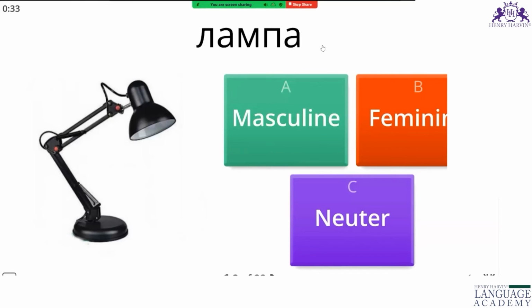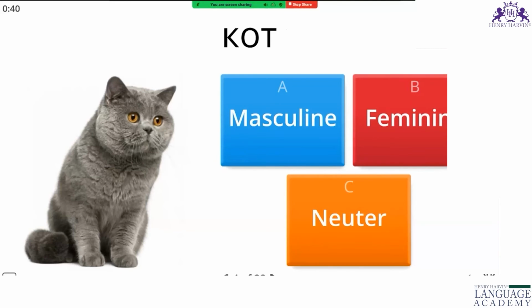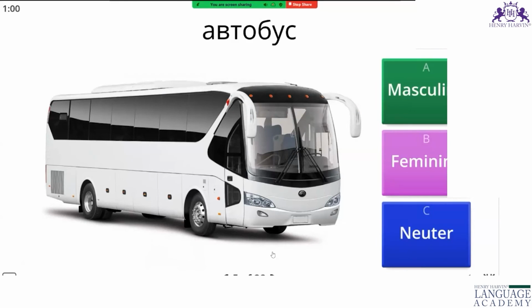Lampa, feminine. Feminine, yes, because ending A. Kot, masculine. Of course, a cat can be feminine as well, but we have a different word for it. There will be a word koshka. Koshka is a female cat. Okay, here kot, male cat. The last one.